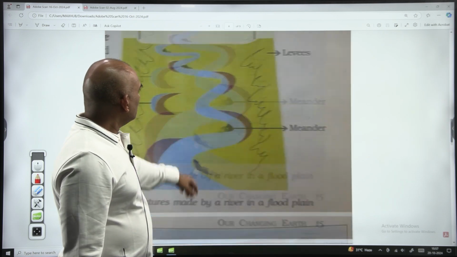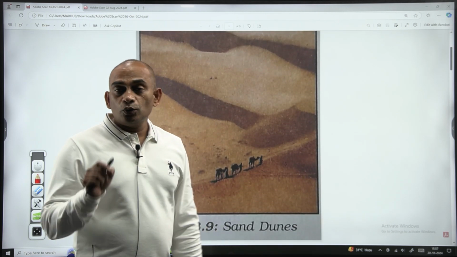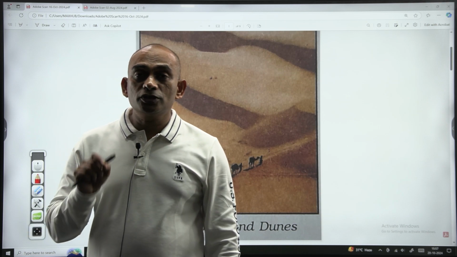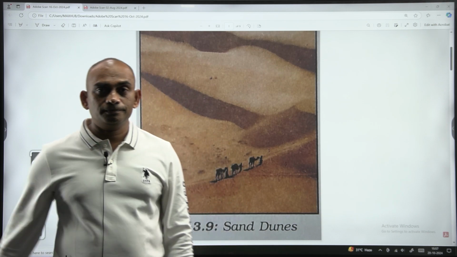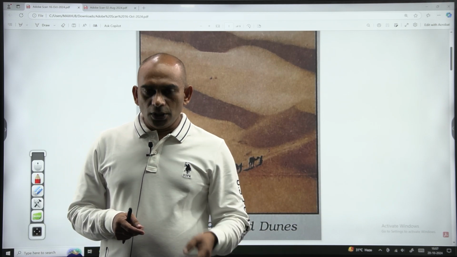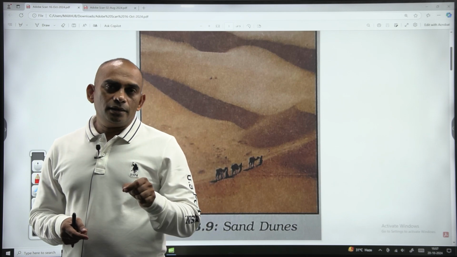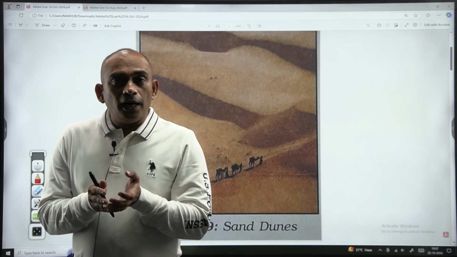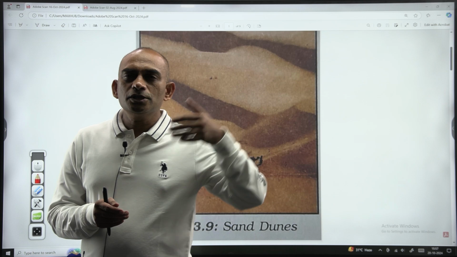So, look at this one. Wind is an active agent of erosion and deposition in the desert. Whenever wind blows, the grains of sand are lifted and transported from one place to another.